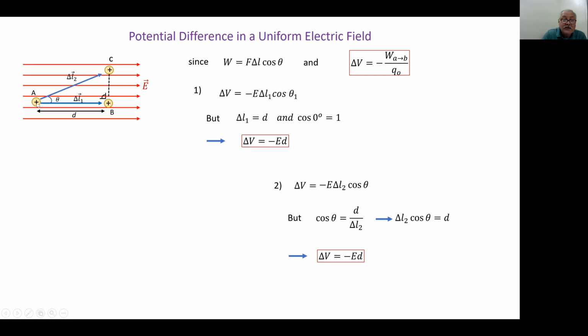the voltage or potential difference equals negative ED, the same as before, right? Why? Because in this case, the potential difference doesn't depend on the path, it depends on the initial and final position, right?